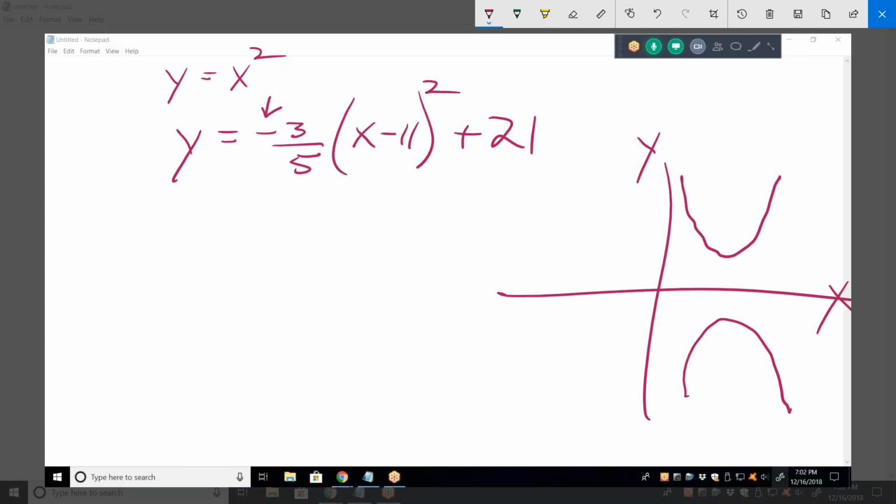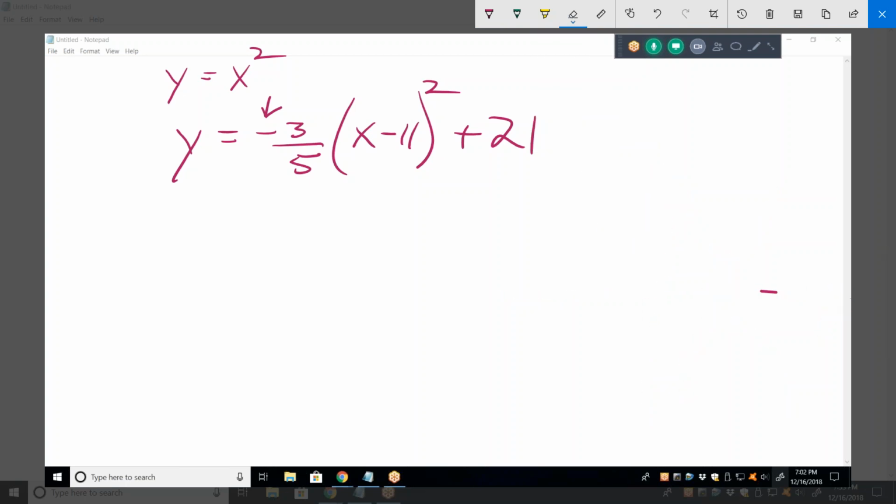In other words, you would fold that vertically, and vertical means over the x-axis. If I was reflecting it horizontally, in other words, if the negative sign was inside the parentheses and in front of the x, then I would reflect it over the y-axis. Okay, so the first thing, let's just list them all. 1, reflection over x.